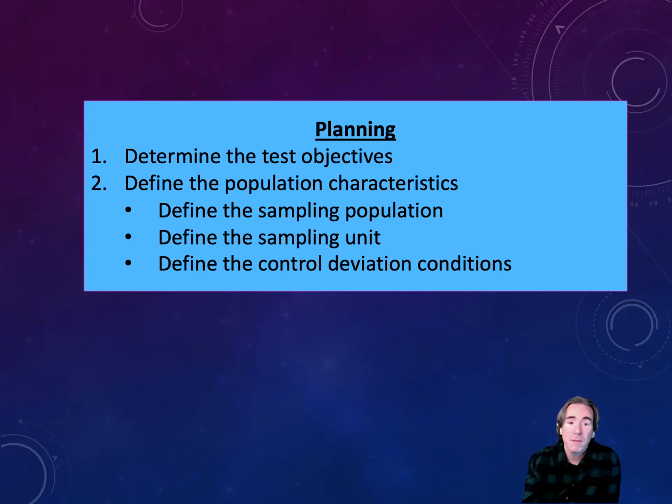So, for example, if the client can't produce evidence that something was properly authorized, the form is missing, we're going to assume that the control didn't work. But if we select an item and the client voided it because there was a date problem, the client didn't do anything wrong. That just wasn't in our true population of valid forms.